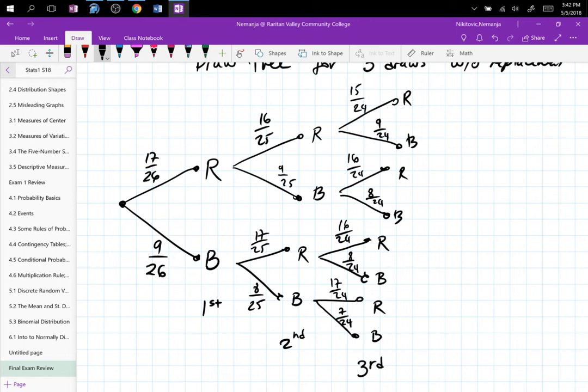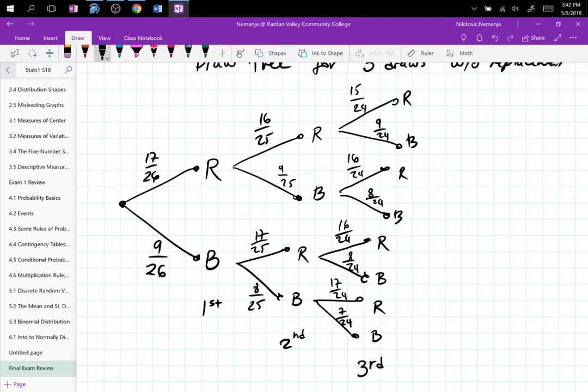Wouldn't you just do another set of 2 branches instead of 4? Because that's how I get on the exam. Okay. Maybe I should. I'm just saying, because if you look at it in regards of the tree, you went from red to red, whatever. Then the next one is red or black.